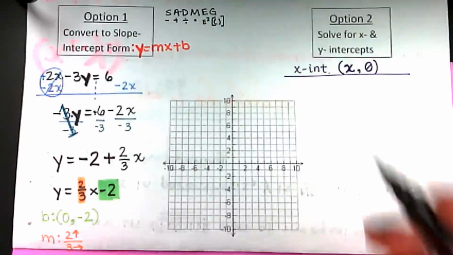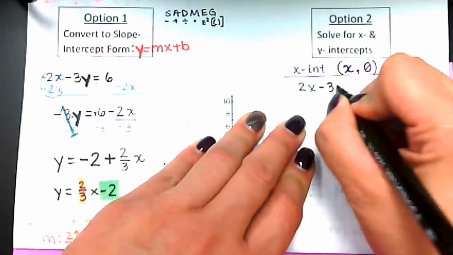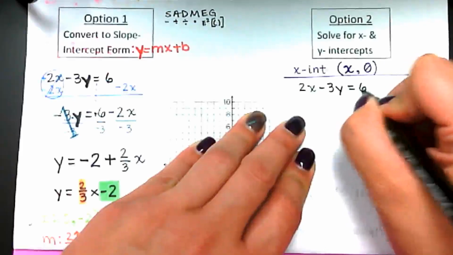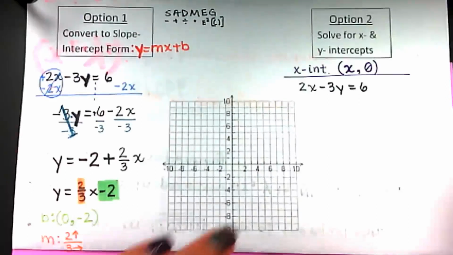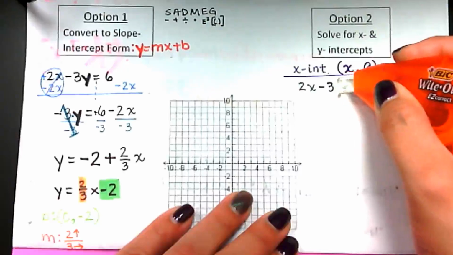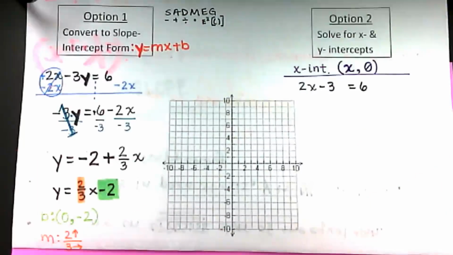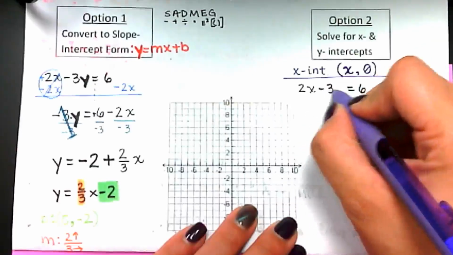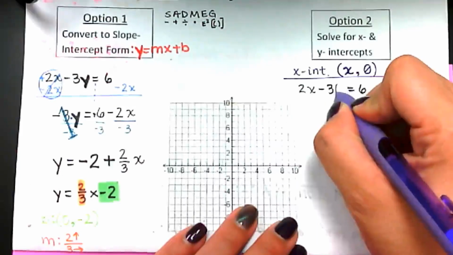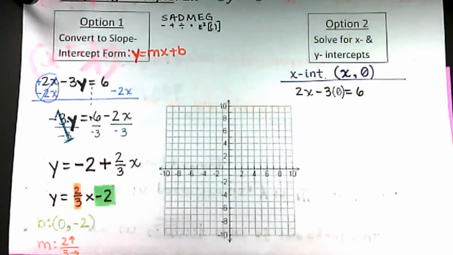So let's go ahead and begin. We're going to take the same equation, 2x minus 3y equals 6. Substitution. Oh, actually, sorry. We're going to substitute my y value. Duh, hello. So just like we've been substituting for the past few weeks, my 2x is going to stay there, but my 3y, my y is going to be substituted using a 0.